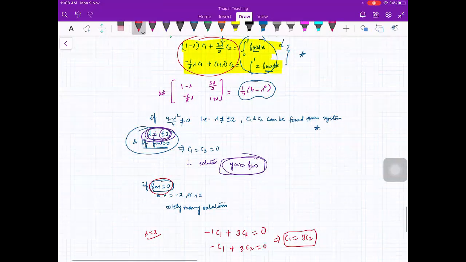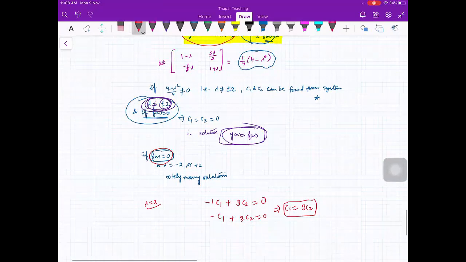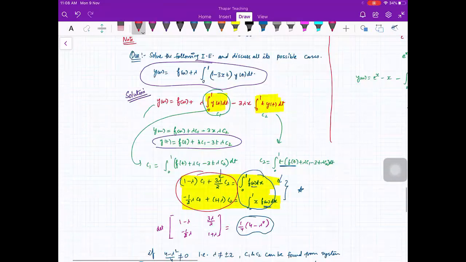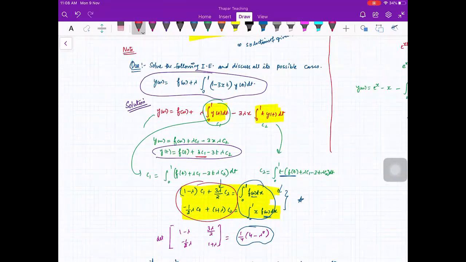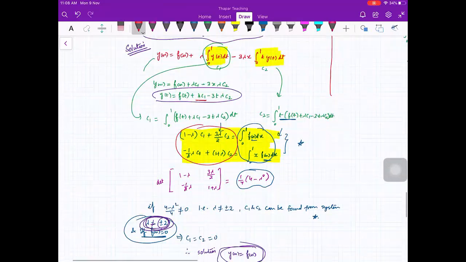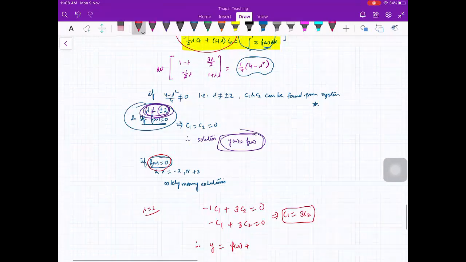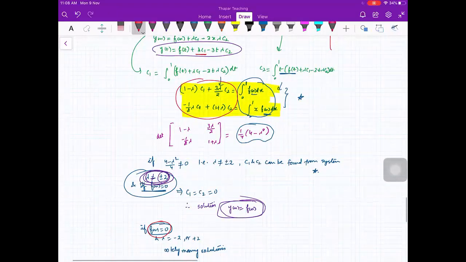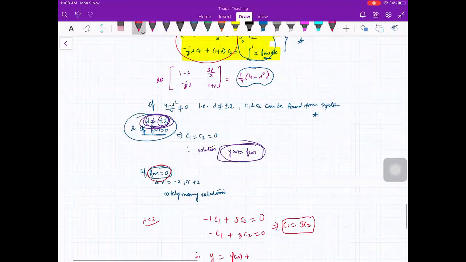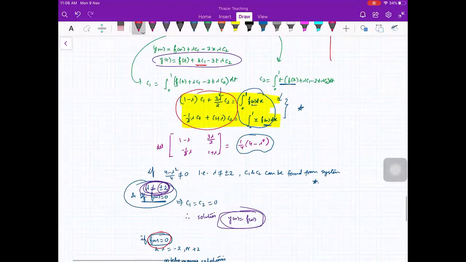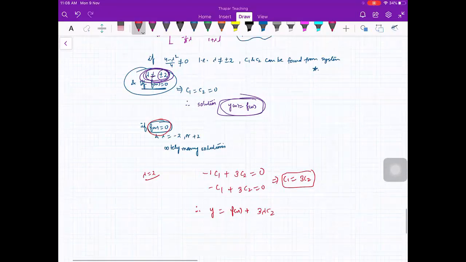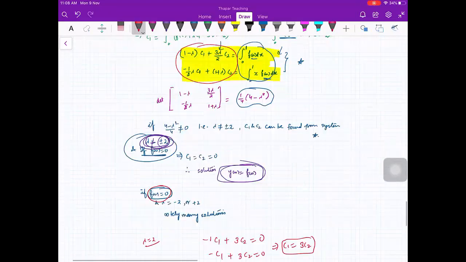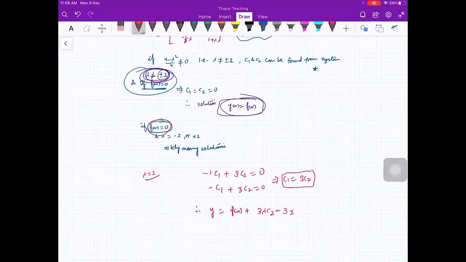Fine. So your solution will be y is equal to f of x plus lambda C1 minus 3t lambda C2. And now you get that C1 is 3 C2. So you'll get 3 lambda C2, and the next term is minus 3 x lambda C2.